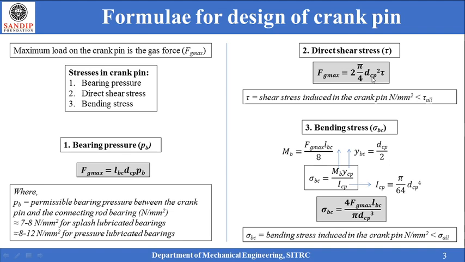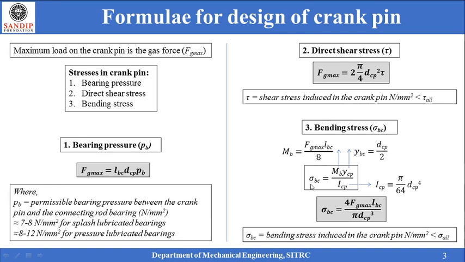Hence, pi by 4 dCp square is the resisting cross section area multiplied by 2, since there are two such areas, which is multiplied by the shear stress induced in the material. The shear stress induced in the crank pin has to be less than the allowable shear stress of the material. This condition has to be checked.